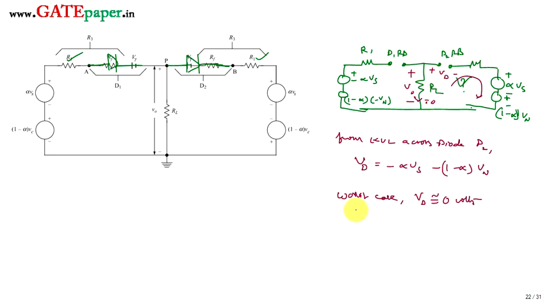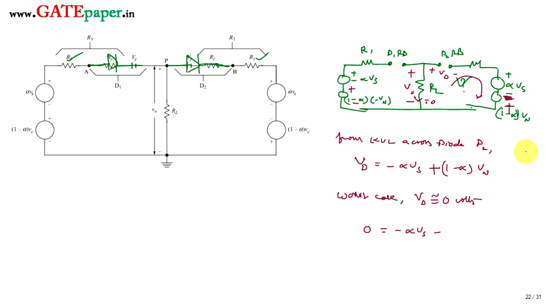Under reverse bias, diodes maintain some negative voltage. But the worst case is nothing but they may come towards forward bias. So the verge of reverse bias or entry point of forward bias is going to be with 0 volts. So replace this Vd with 0. So 0 is equal to minus alpha Vs minus, this is minus plus, this is minus plus, so you can write it as this is plus, this is plus minus.